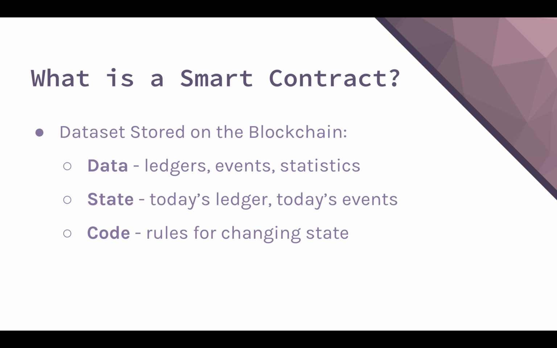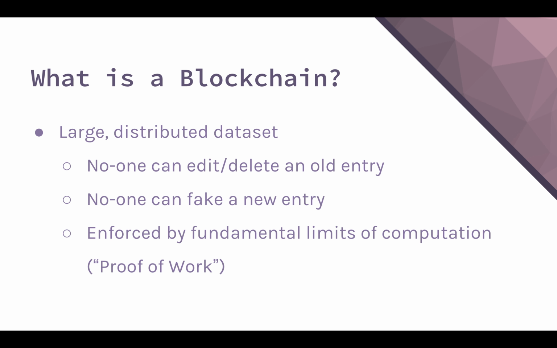It can act as a ledger, grabbing event and statistics, the status of today's events, for example. And inside of this interpreted program, the smart contract, live the rules for updating the state of these variables.